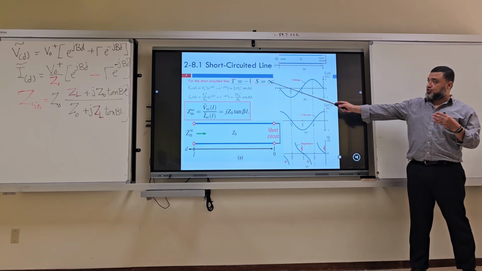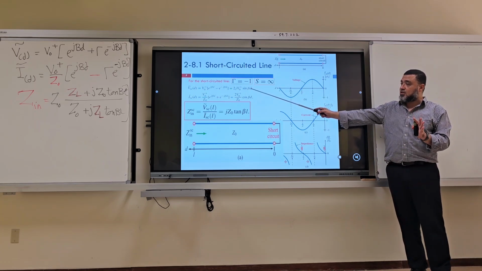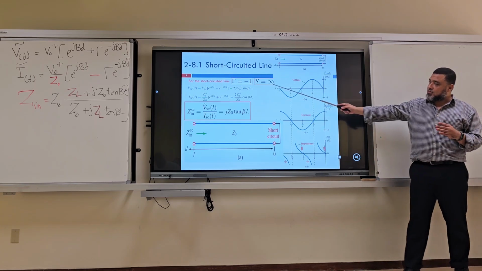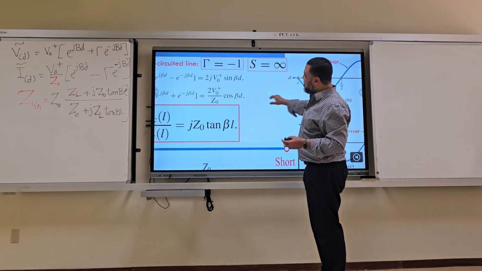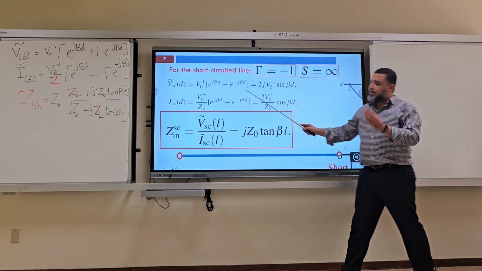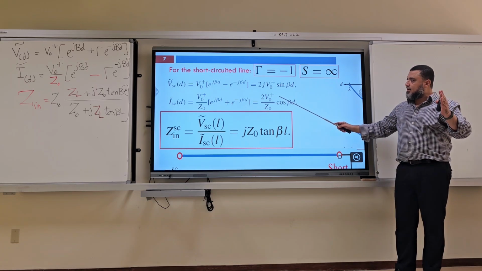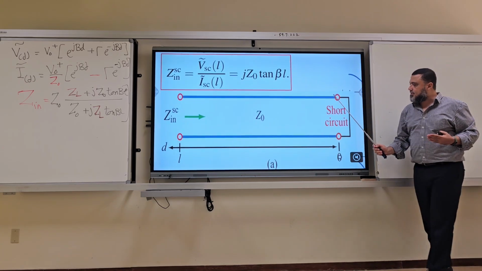If you take the voltage at any point along the transmission line versus D, this will give you a cosine function, or a sine function. Now look at the voltage here. This is the voltage V(D) and I(D) at any point on the transmission line, assuming the load is short circuit.